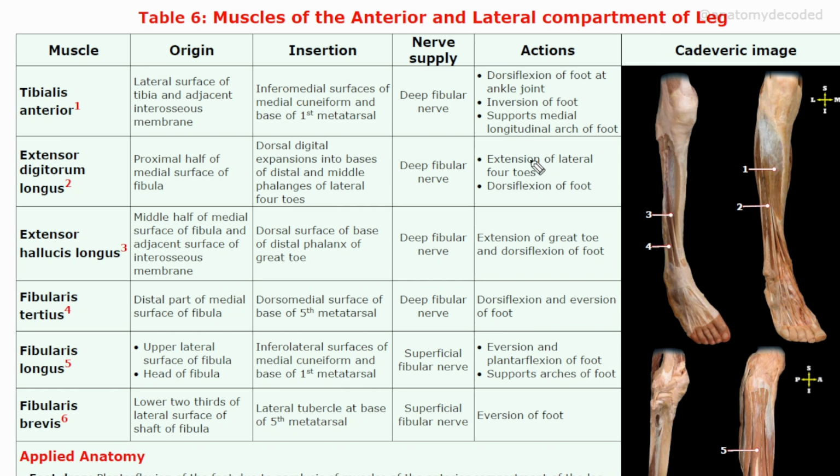If you see carefully, all these muscles have one common action, the dorsiflexion of the foot at the ankle joint. All muscles are causing dorsiflexion. That means when the dorsum of the foot is raised, that action is referred to as dorsiflexion.